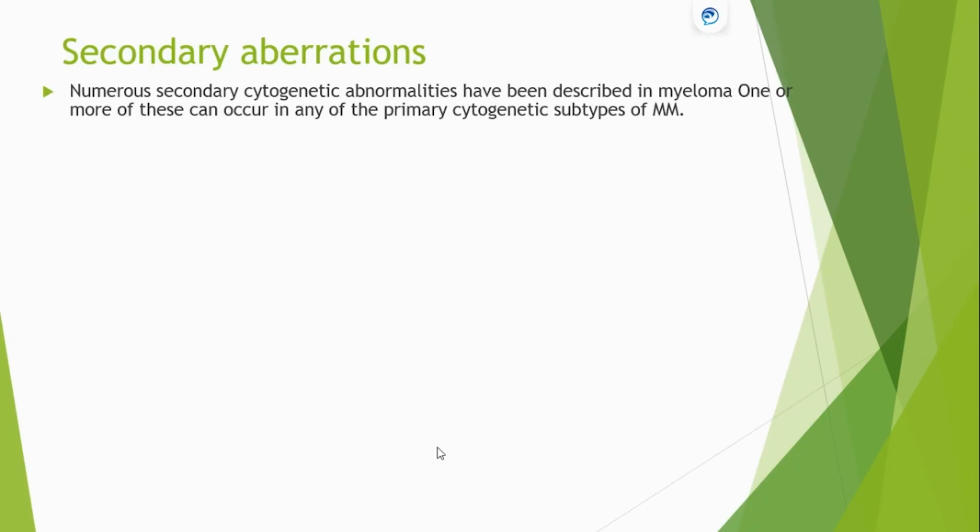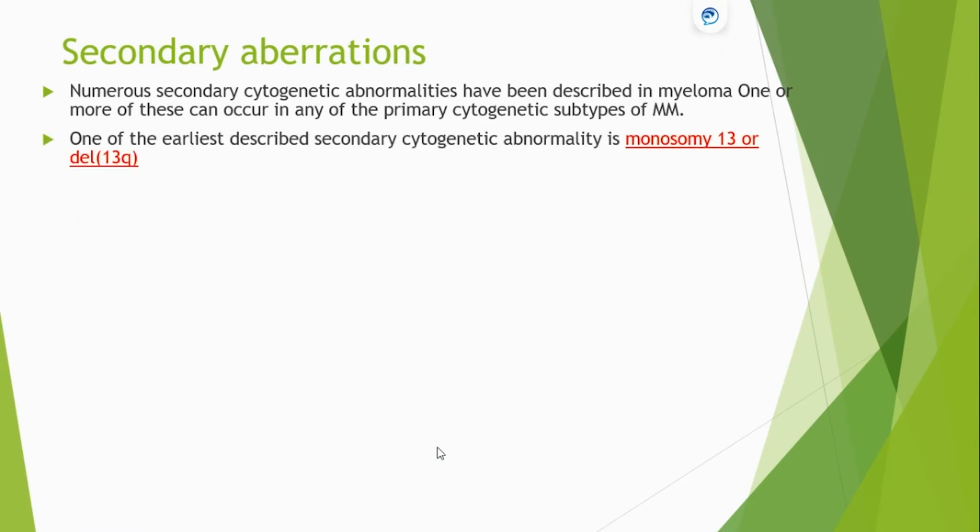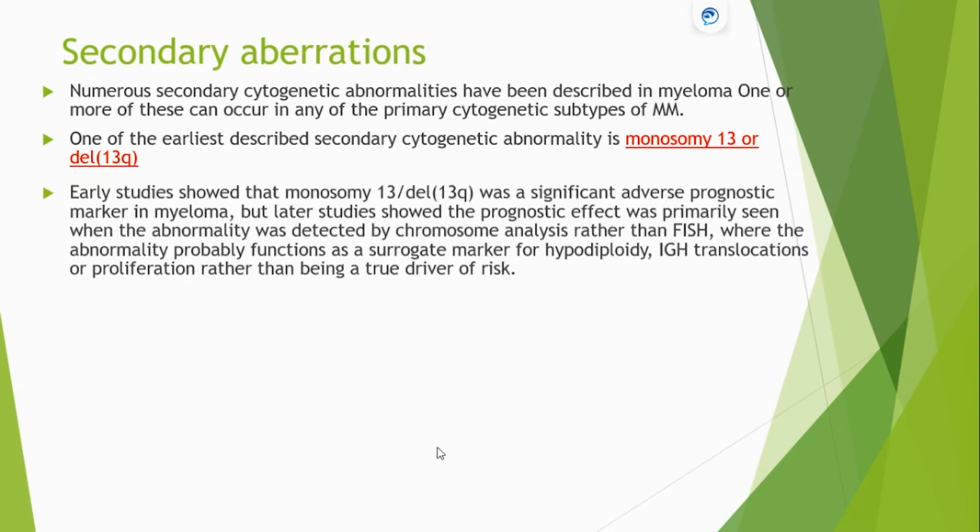Secondary aberrations, there are numerous of them described in myeloma, and as I explained, one or more can occur in any of the primary cytogenetic subtypes of myeloma, I mean in MGUS or even smoldering myeloma. One of the most common ones is monosomy 13 or 13q deletion.